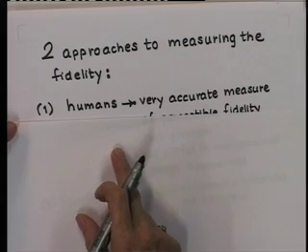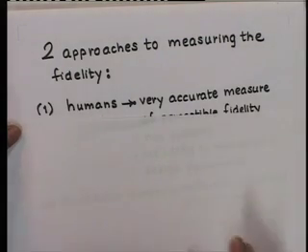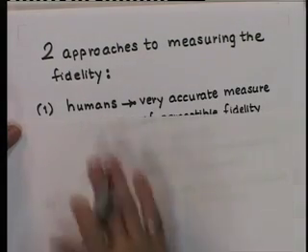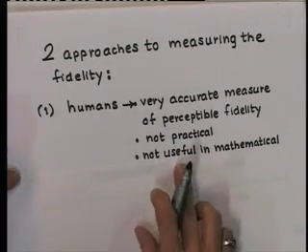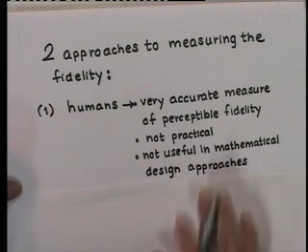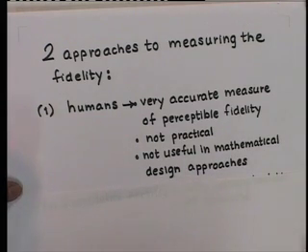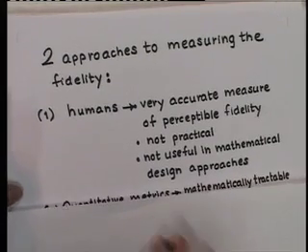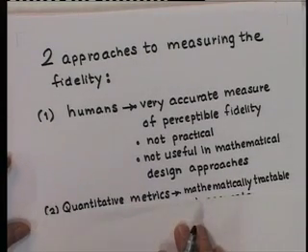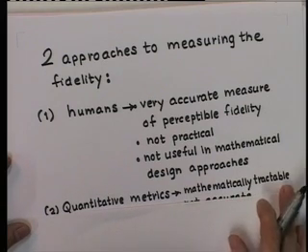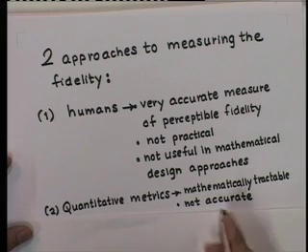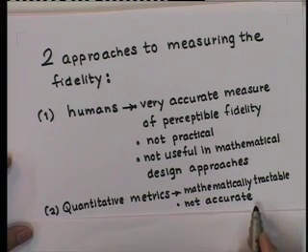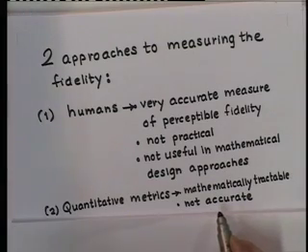So, we have looked at two approaches to measuring the fidelity of a reconstruction. The first method involves humans. This is a very accurate measure of perceptible fidelity, but it is not practical and not useful in mathematical design approaches. The second approach is based on quantitative metrics, which is mathematically tractable, but it usually does not provide a very accurate indication of the perceptible fidelity of the reconstruction.